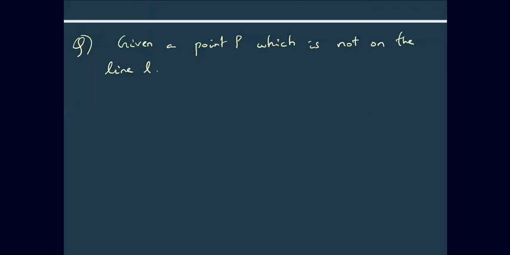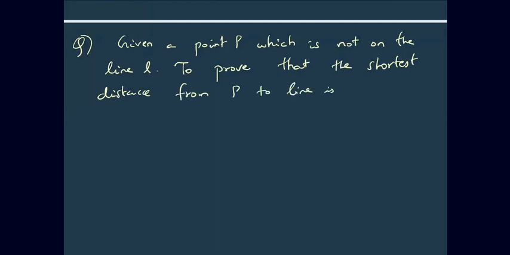So you are given a point P which is not lying on the line L. You need to prove that the shortest distance from P to line L is the perpendicular one.